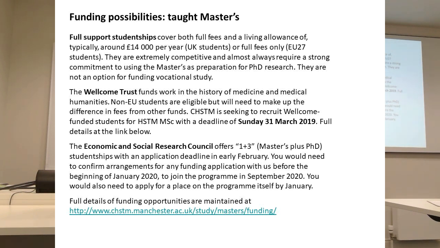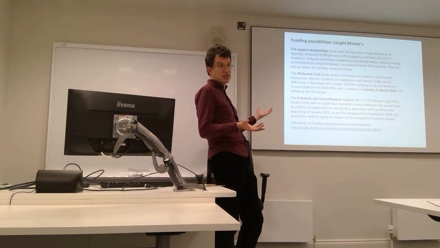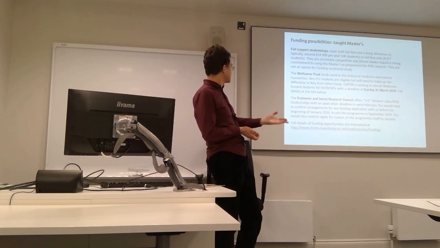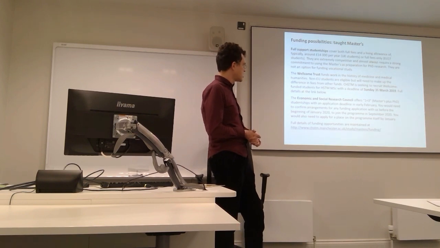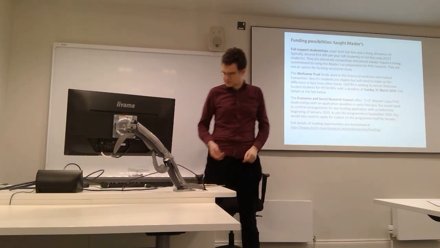They don't fund standalone masters, but they will fund masters plus PhD, what they call a 1+3, as in a 1+3 years award. Unfortunately, this year's deadline has already passed. If you were looking to apply for September 2020 entry, then you need to put in an application by January.